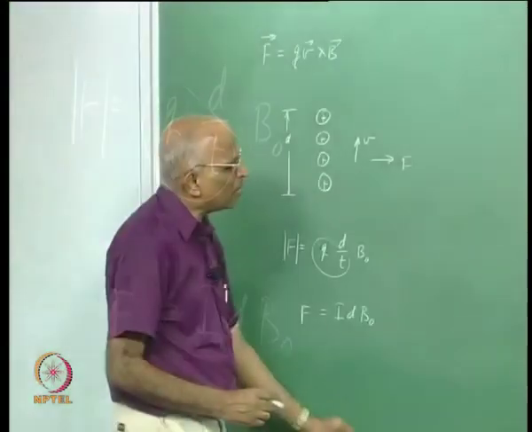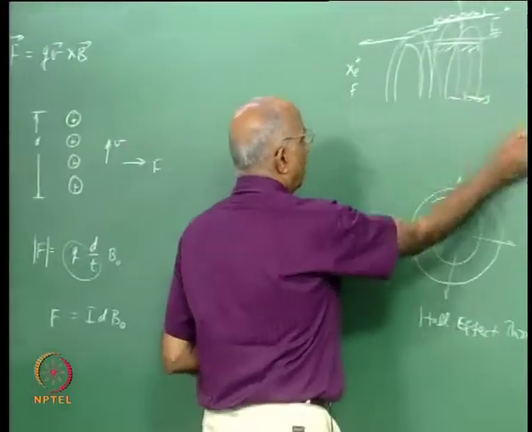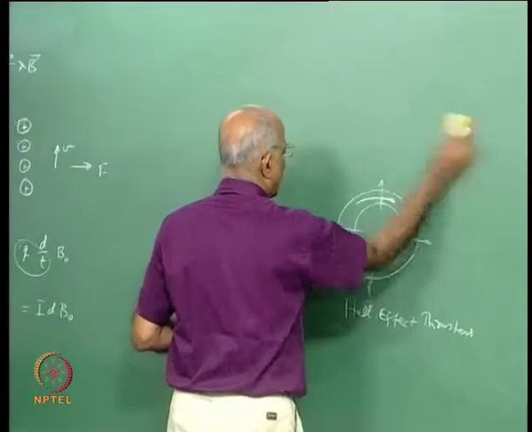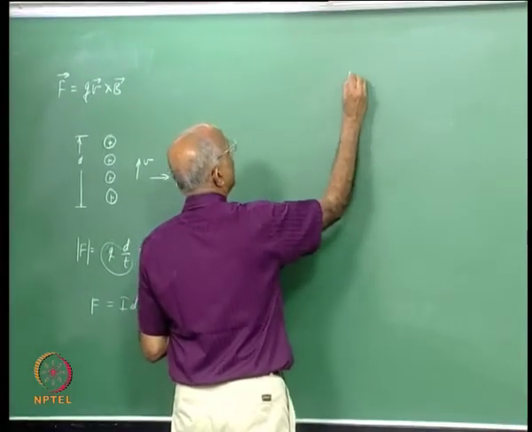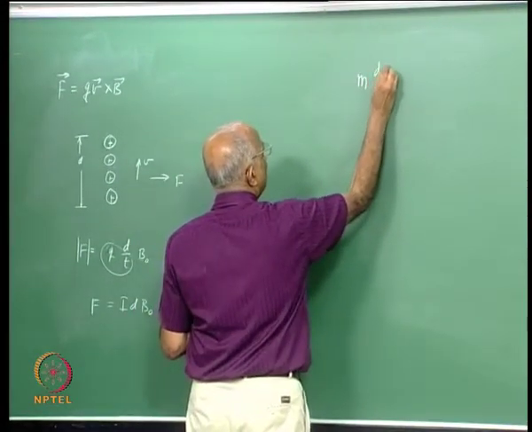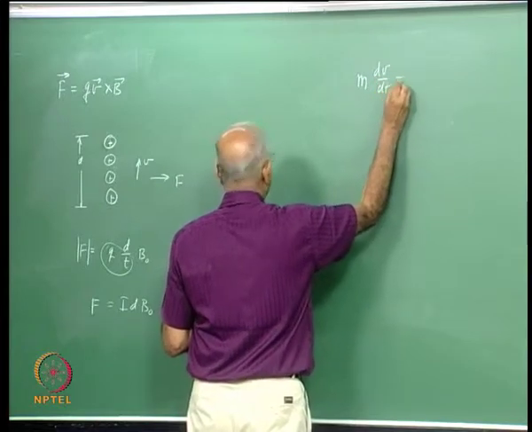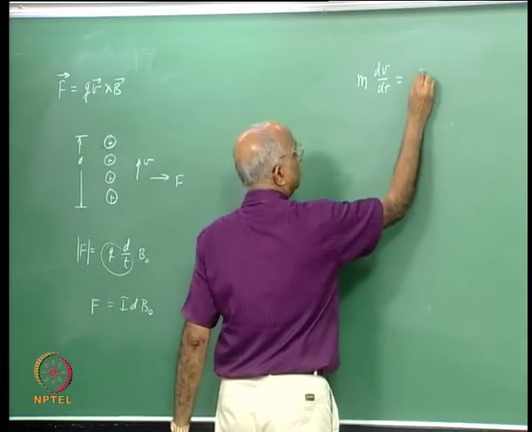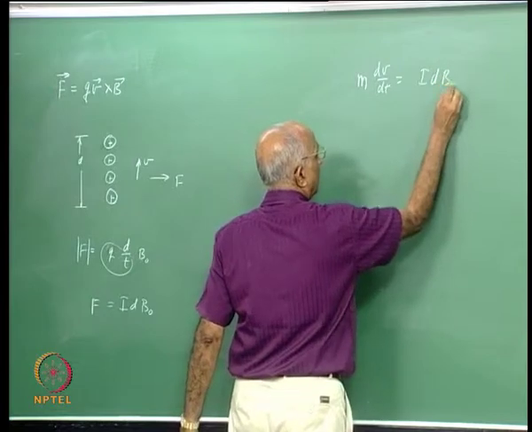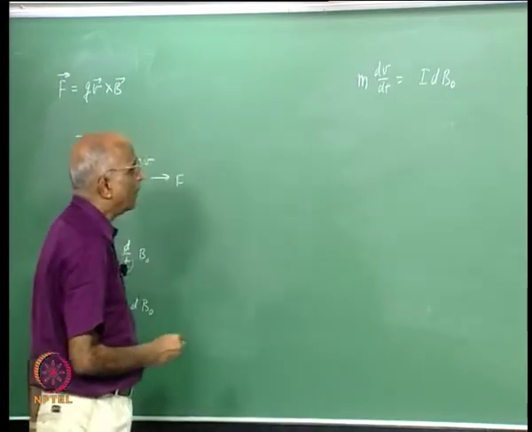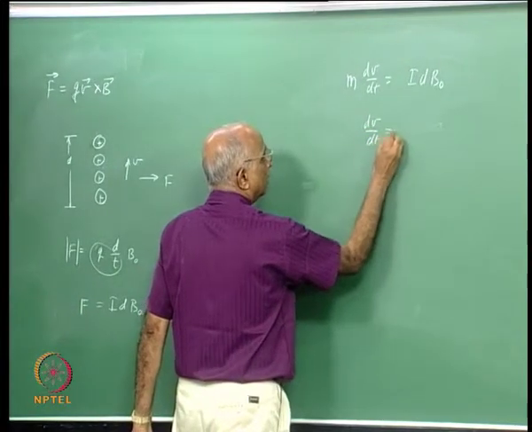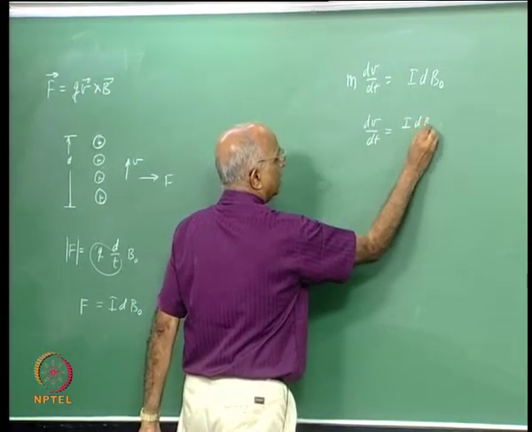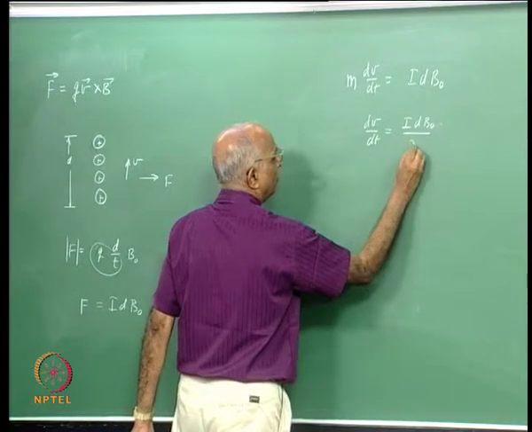And to be able to complete this scenario, if I were to write the force as equal to mass into acceleration, where m is the mass of the charge, I get m into dv by dt is equal to I d B0, where B0 is the magnetic field, or rather I get dv by dt is equal to I d B0 by m.